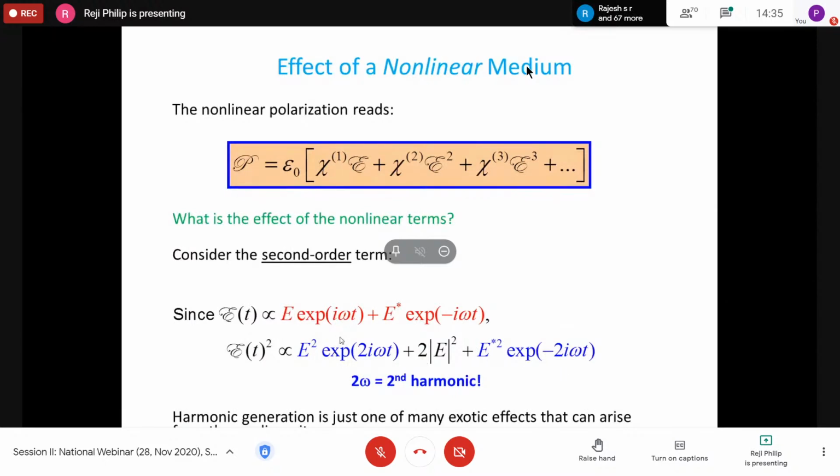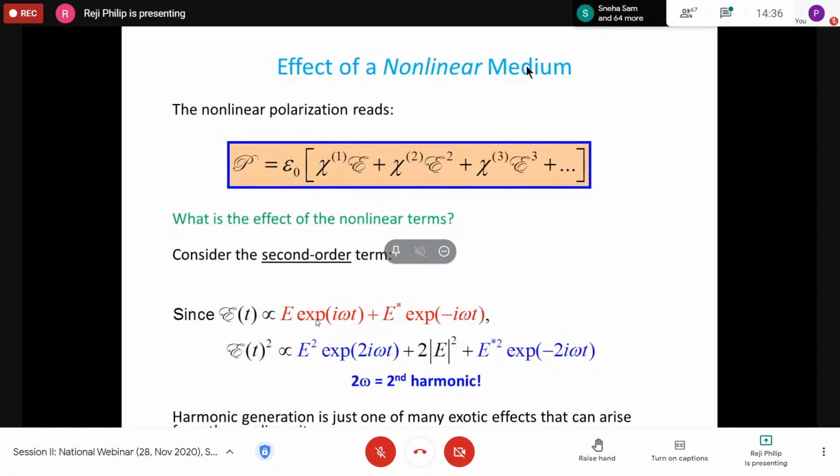The most important thing to note here is that we started with an electric field of this kind. In this expression, E is the amplitude of the electric field, and this is exponential i omega t. When you have an i term in the power of an exponential, immediately you know it's an oscillating term, because e to the power ix is equal to cos x plus i sin x.